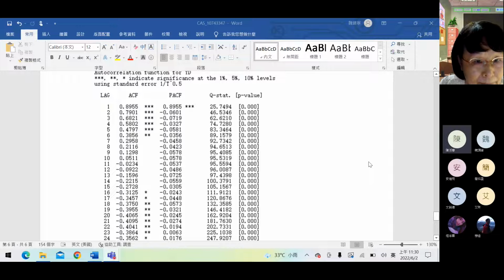Okay, so Professor, I think there is not much difference if you use 1 lag or 6 lags. Oh, well, it depends on the data.